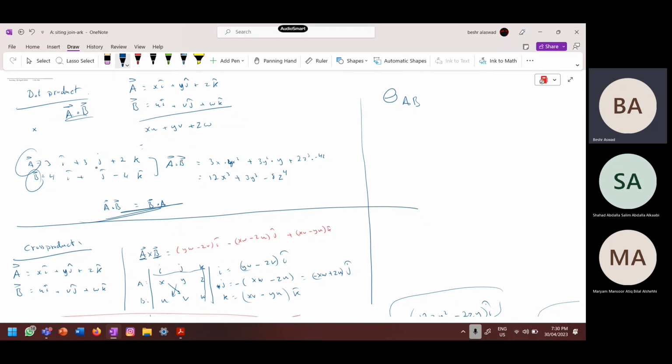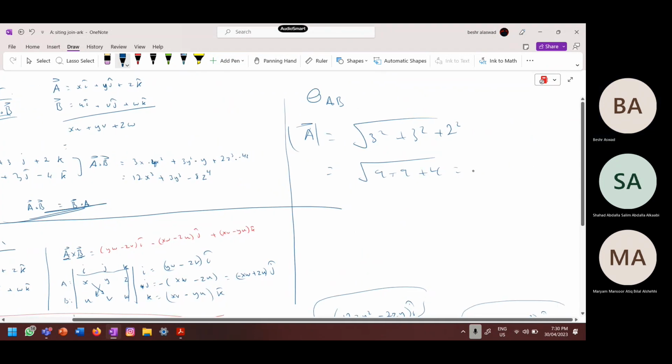You'll just get simple numbers in the exam for this specific type of question. So the magnitude of A is equal to the square root of 3 squared plus 3 squared plus 2 squared. This is equal to the square root of 9 plus 9 plus 4, which is the square root of 22.